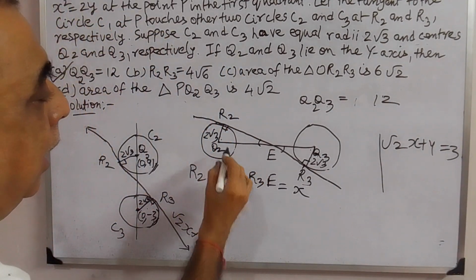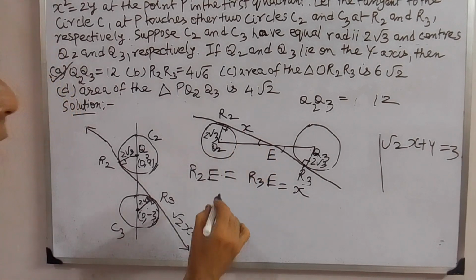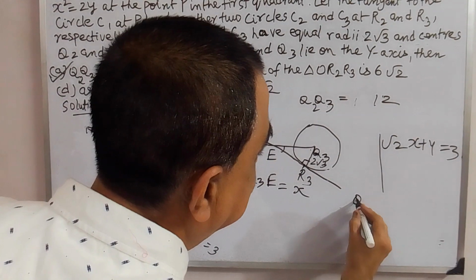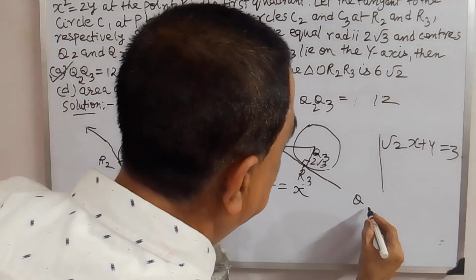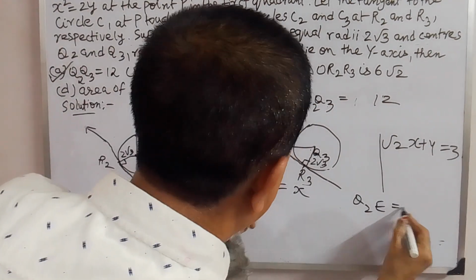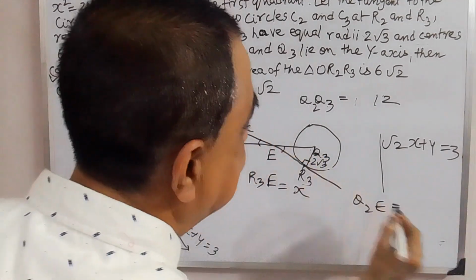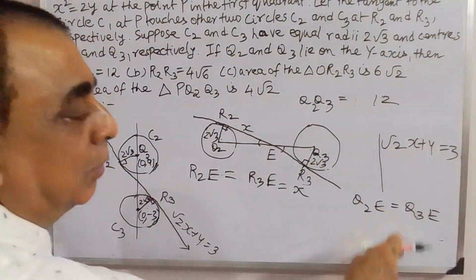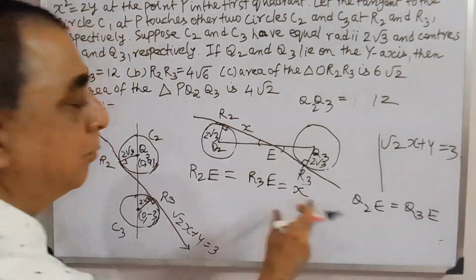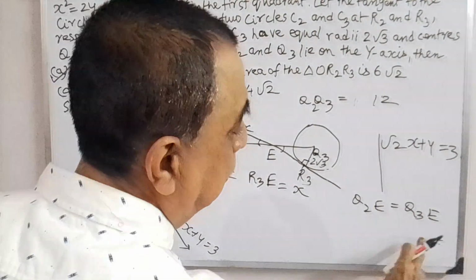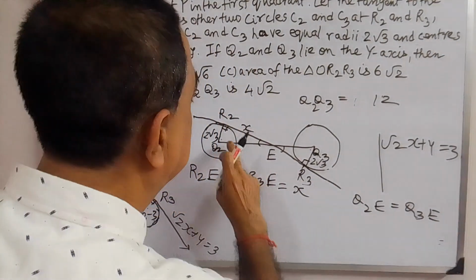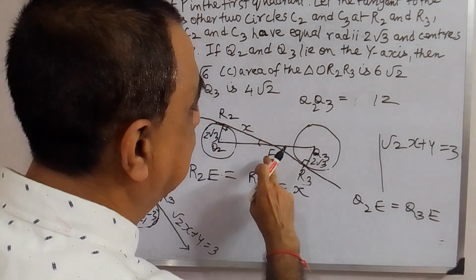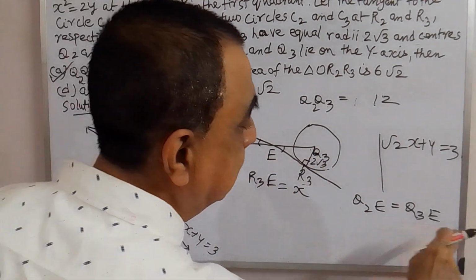Also, from that relation we have Q2E equal to Q3E, because that is 1 by 1; the two sides are proportional.